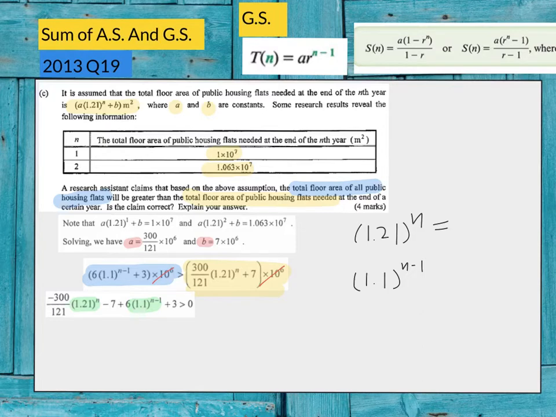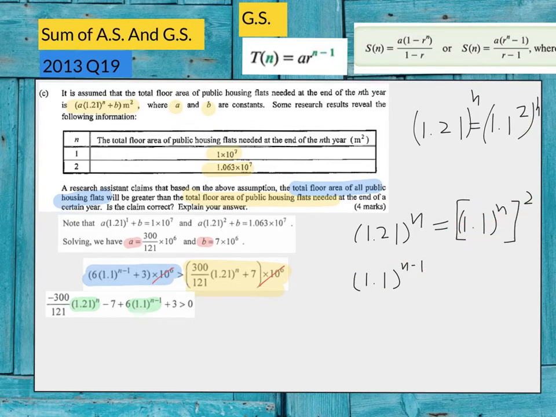So that means it is 1.1 to the power n and then squared, because 1.21 is 1.1 squared. And then to the power n, it means it is 1.1 squared to the power n. And then these two can be swapped. So it becomes 1.1 to the power n and then perfect square.